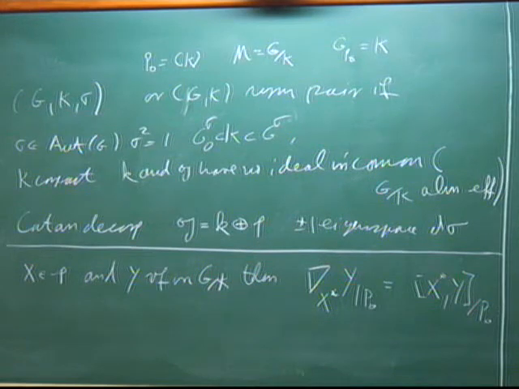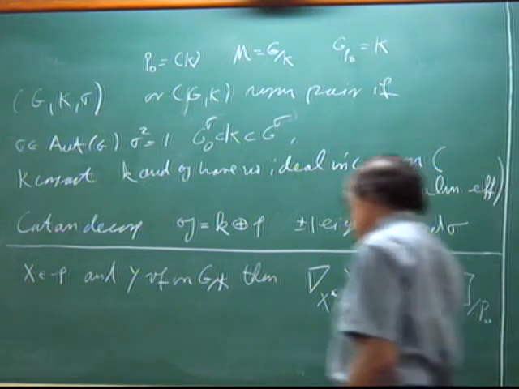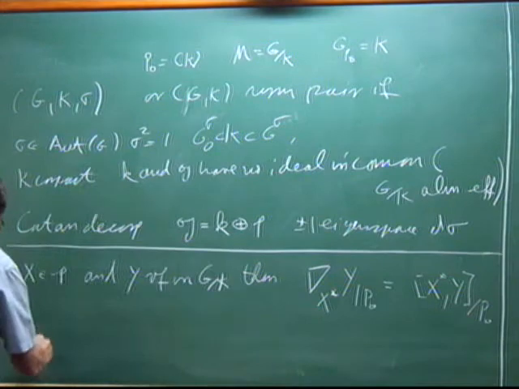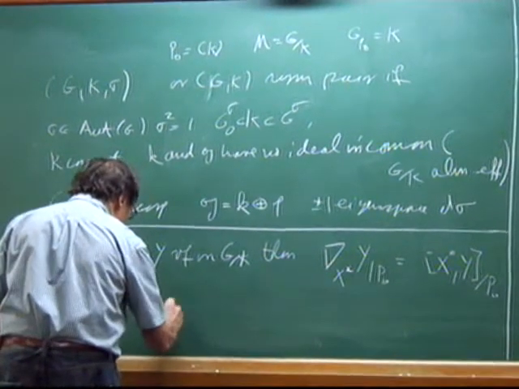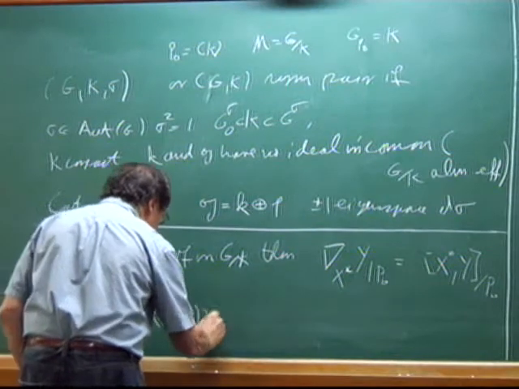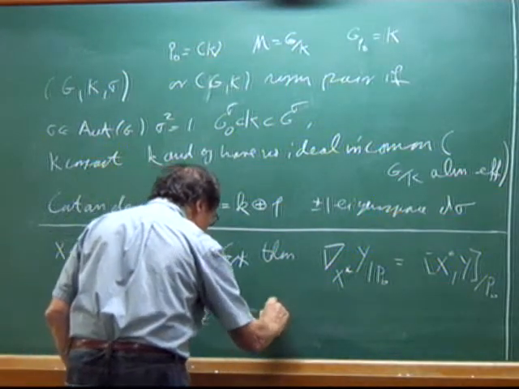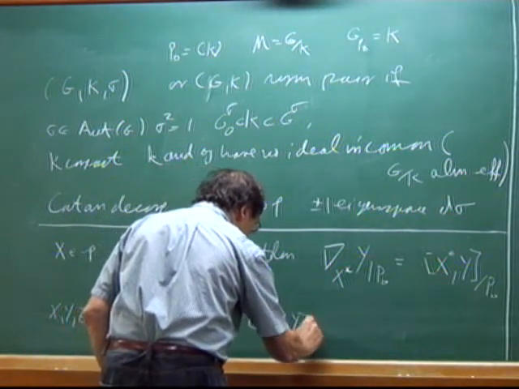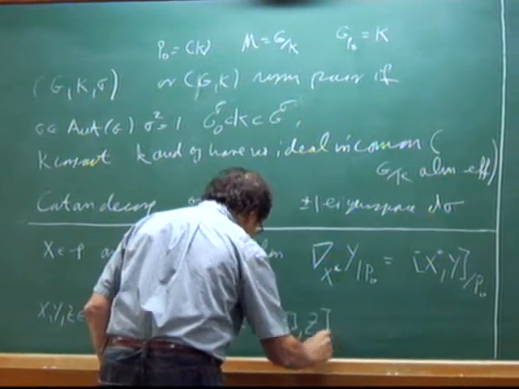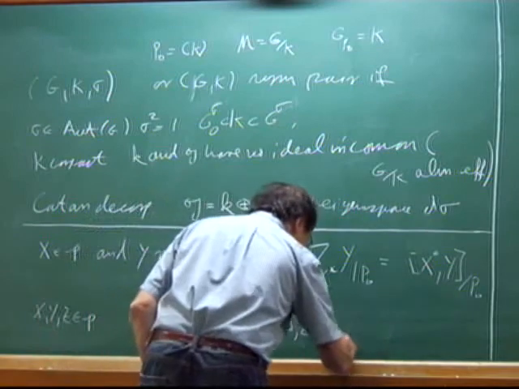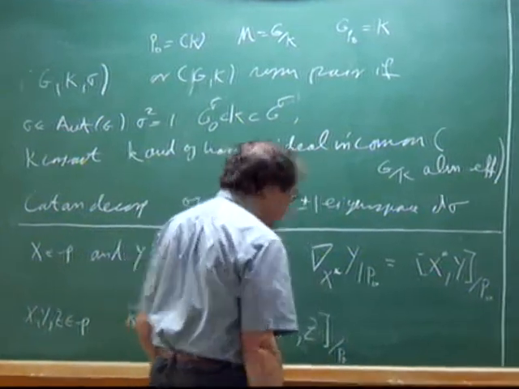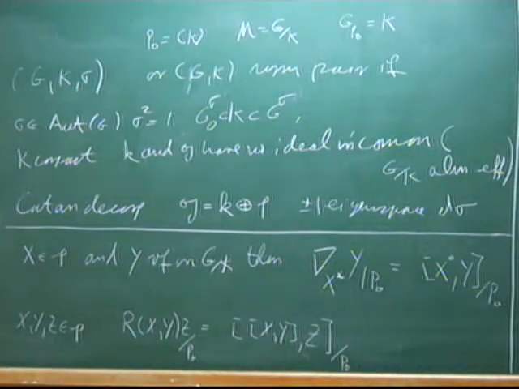No sign. And then the curvature, there I have to take all three vectors in p, and then R(X, Y)Z, I just write it like this. Again, this only holds at p naught. Is there a minus sign there? Yes, there was a minus sign there.